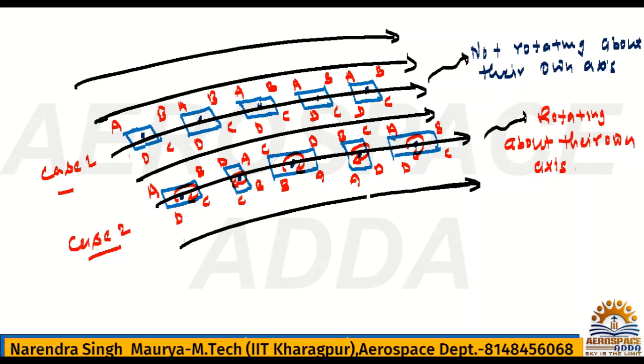So in case one and case two, you can observe that during the flow, the particle is not rotating in case one, and in the second case the particle is rotating about its own axis. If it is rotating about its own axis, then it is called rotational flow.